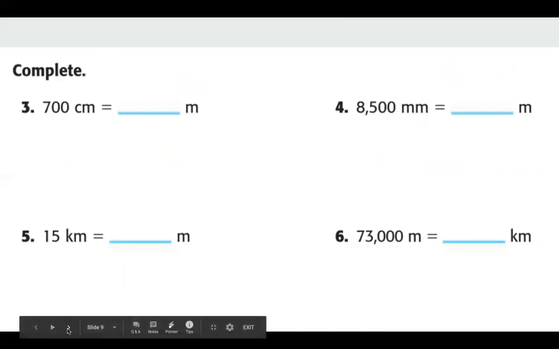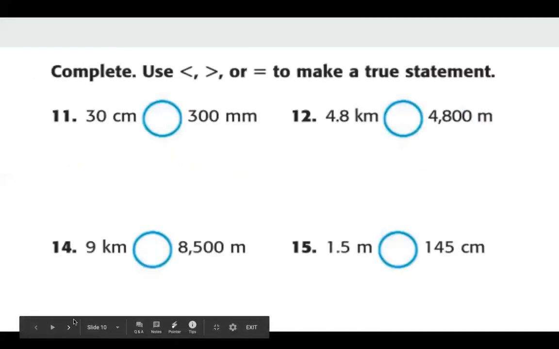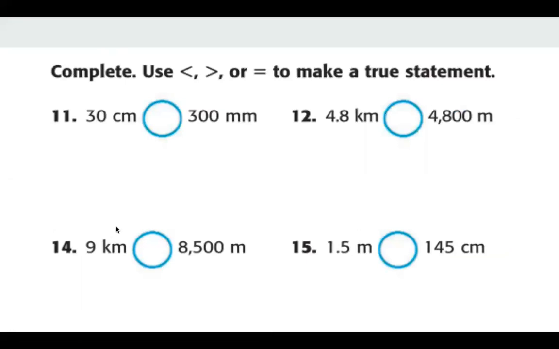Let's look at our comparing. We're going to do a couple of comparing problems here. We're going to use greater than, less than, or equal to make these sentences true statements. On this one, we have centimeters compared to millimeters.